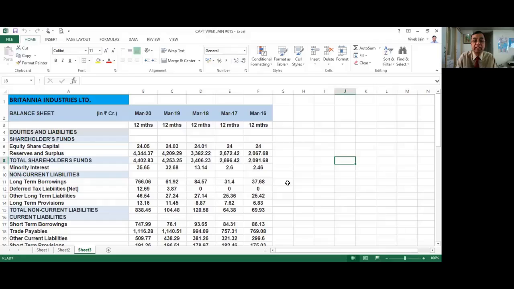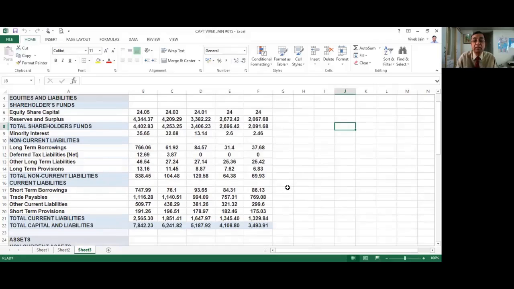You must appreciate that. Then we come to the borrowings. Long-term borrowings has been quite meager. In fact, only in the year ending 31st March 2020, many companies had to resort to loans because of the economic growth not really growing that much.